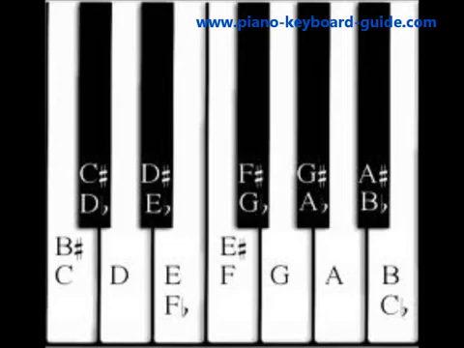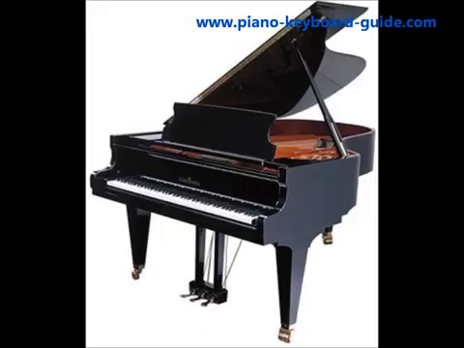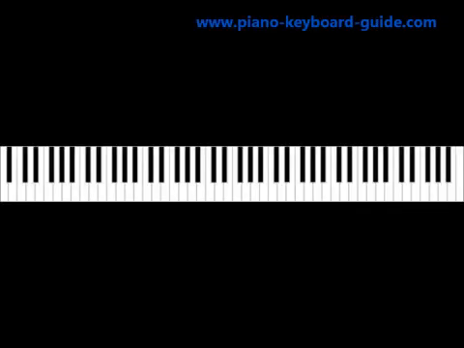As we said earlier, sharp simply means to go higher and flat means to go lower. All we're doing is going higher or lower by a half step. There are 88 keys on a grand piano. There are 52 white and 36 black keys.